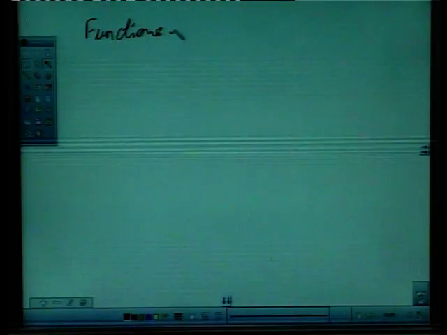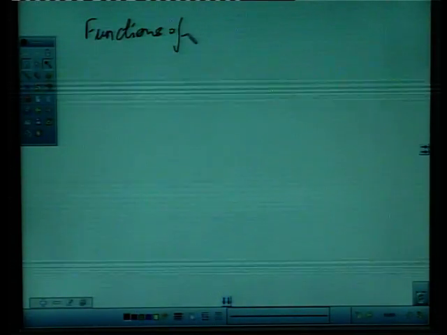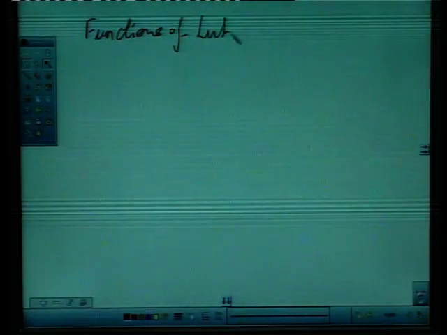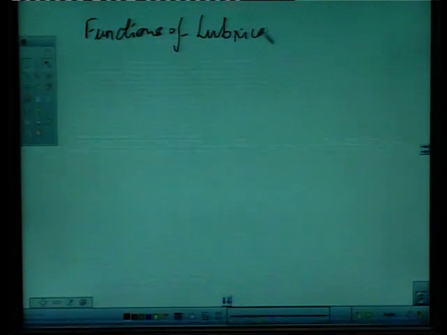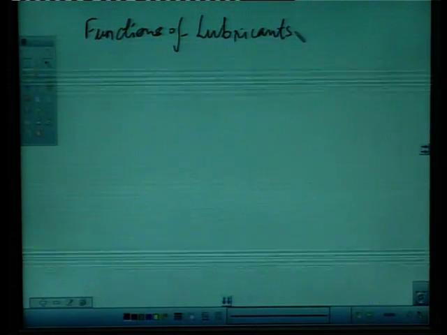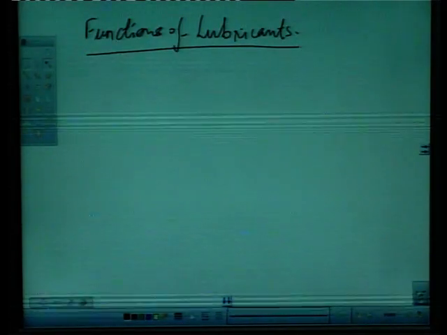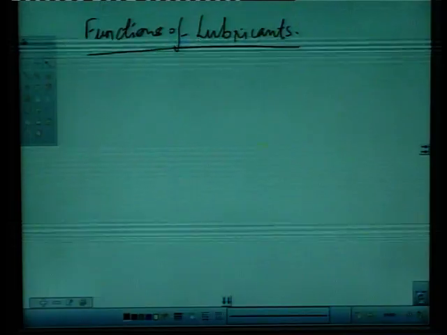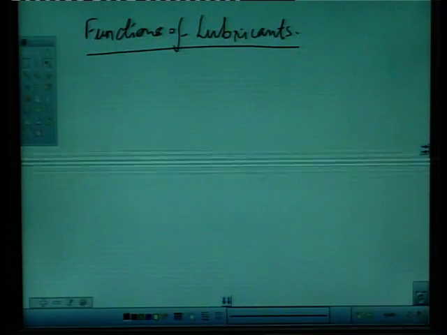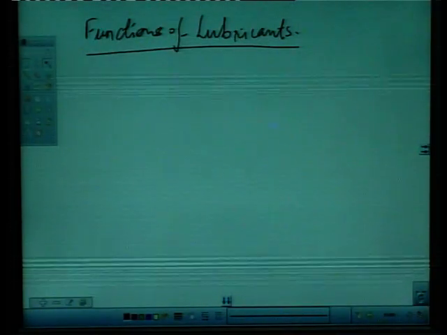So, next are the functions of lubricants. What are the different functions of lubricants? Lubricants avoid the damage of moving parts by minimizing the production of heat.